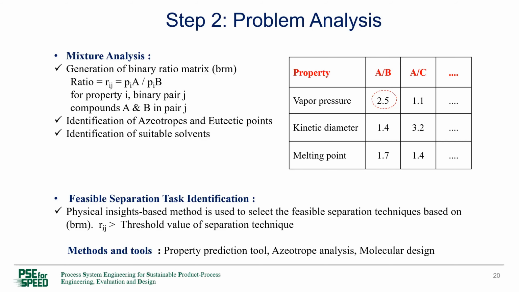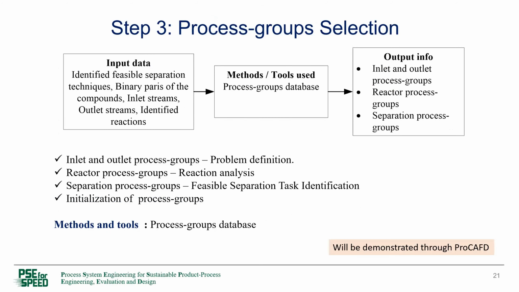So the next step is, if we have the binary ratios, then we have a knowledge base that tells if for the binary ratio and for the corresponding property, the value is between this range or this range or this range, then these are the feasible separation techniques. So through that table and the knowledge base, we can identify all the separation techniques.